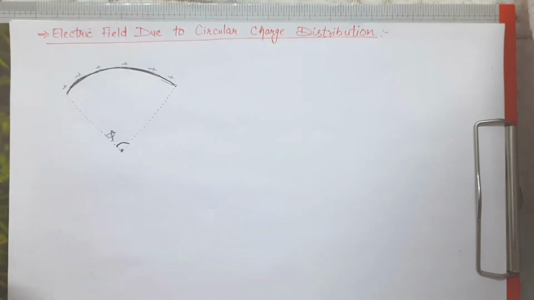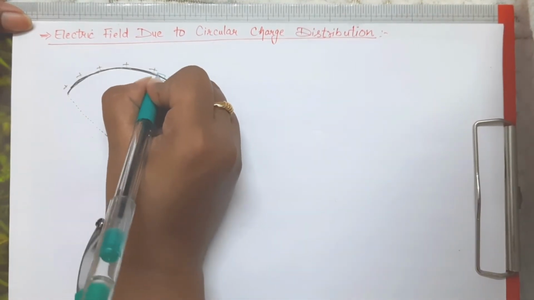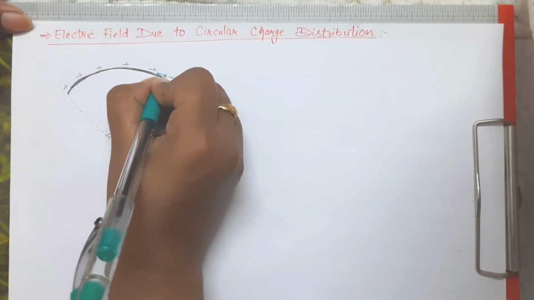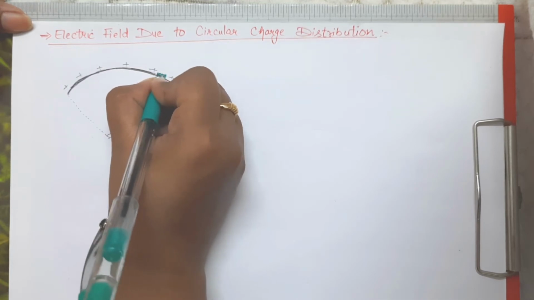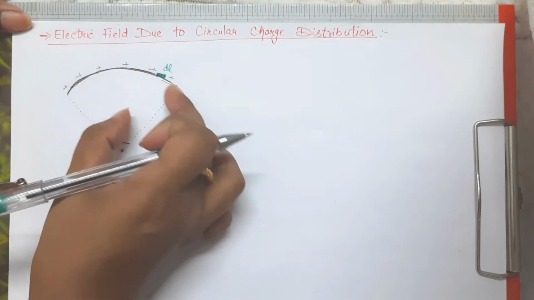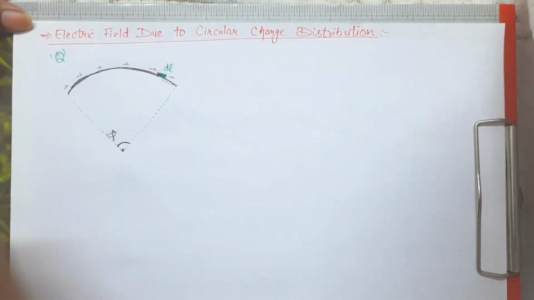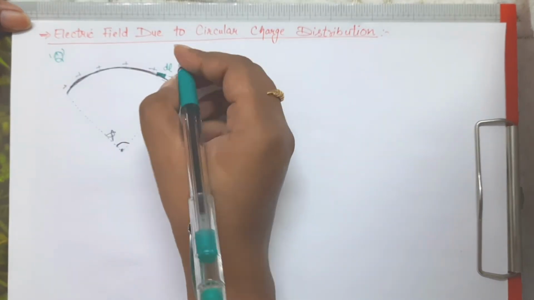Now what we will do is we will just cut out a small length dl as usual. Suppose we are cutting a small length dl from here.